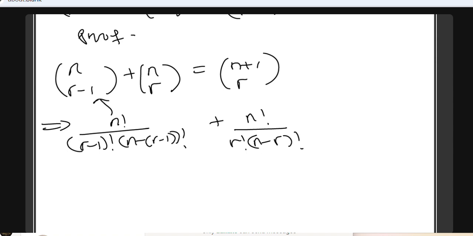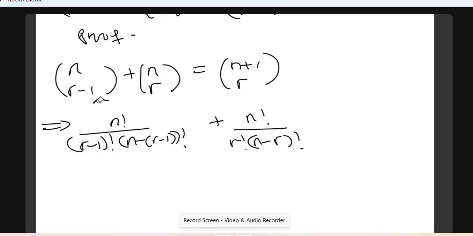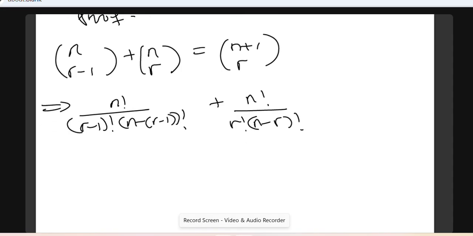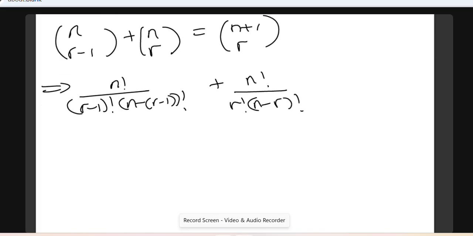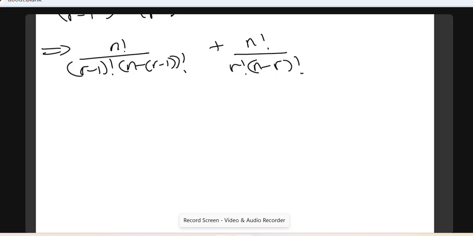So you've expanded it first. Then the next thing you're going to do is find the lowest common denominator. That is one way. Let me go in a naive way, I think like a student.